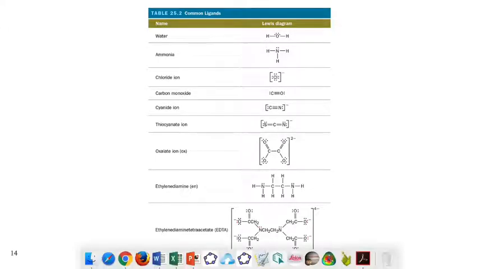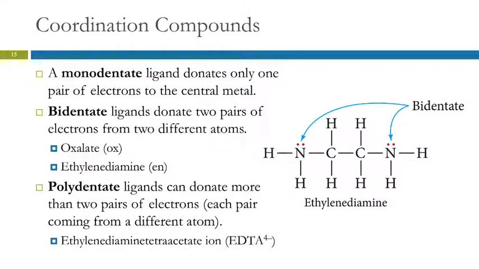So in these coordination compounds, we can divide those ligands into different groups. A monodentate ligand donates one pair of electrons to the central metal. So something like ammonia or water is going to donate one pair of electrons, and it's just going to form one bond.